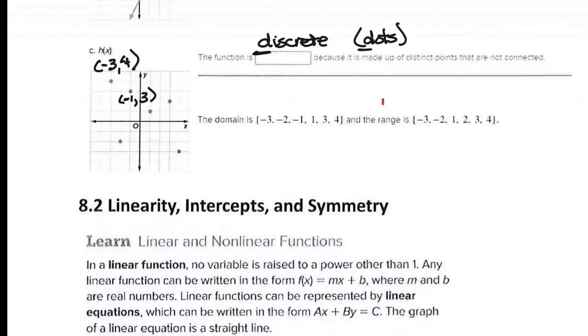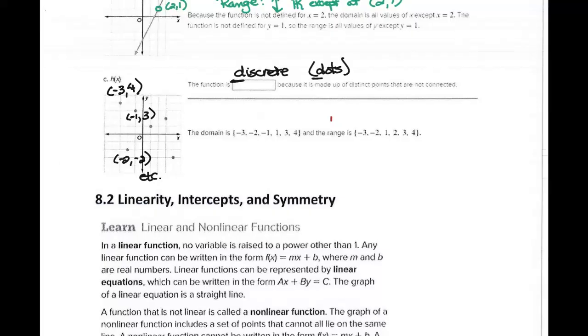This point would be -2, -2, etc. So they have to include all of those specific x values. Here's -3, here's -2, here's -1. Here would be 1 for the x value, 3 and 4. The same with the range. Okay? So they gave you the domain and range there.